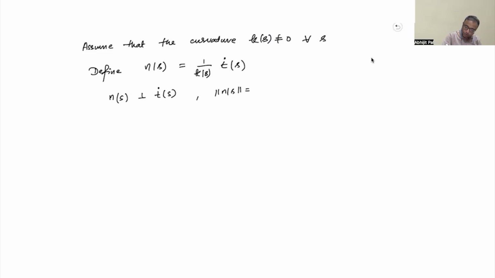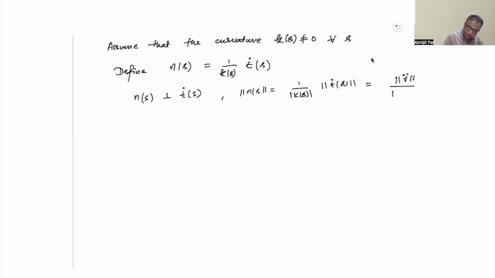It is 1 by the modulus of k(s) times the norm of T dot s, where T dot s is equal to gamma double dot s.